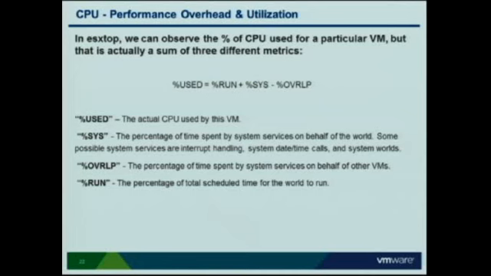So this would be servicing drivers, servicing the interrupt for those drivers, doing privileged instructions such as a system get time date call, that sort of thing. Minus the overlap. And overlap is the amount of time that we're spending on behalf of another virtual world. So we're held up by some operation inside of another virtual world.